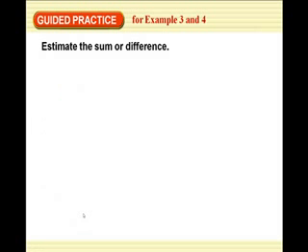Excellent. What do we got? 2 3/4. 3/4 is almost the whole thing, so I'm going to call that 3. Half of 5 is 2 1/2, and this fraction is almost a half, so I'm going to call that 2 1/2. So 3 minus 2 1/2 is a half.